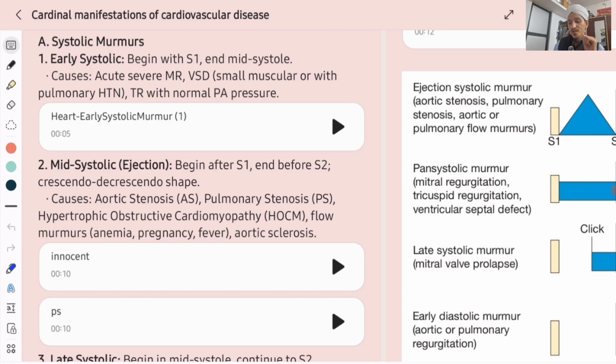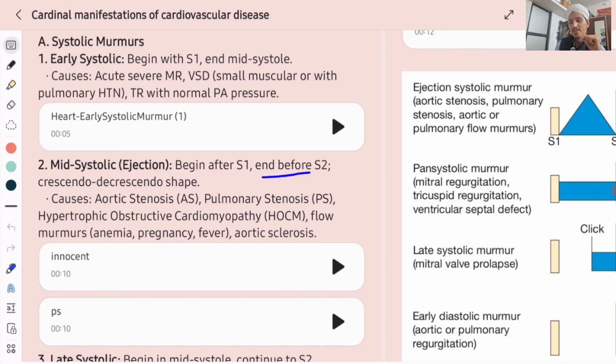Now, coming to the second thing, that is mid-systolic murmur. This is also known as ejection systolic murmur, ESM. It begins after S1 and ends before S2.